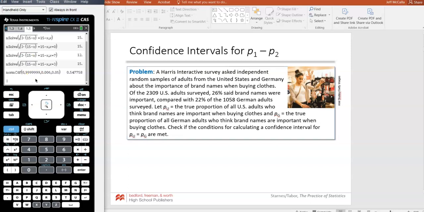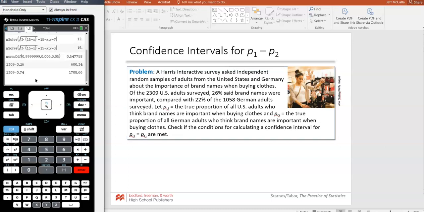And then you need to get your calculator out and start, and you would write this on your paper as well, but you do np, right? So for adults, for the US, it'd be 2,309 times 0.26 for successes, I believe. And then 2,309 times 0.74. You can either do 1 minus 0.26 or you can just do 0.74.